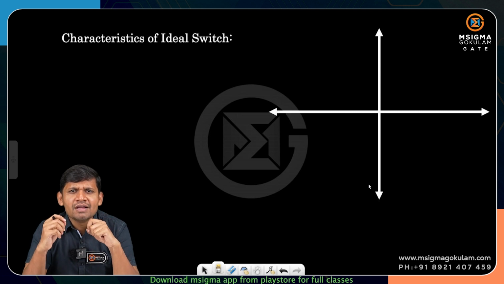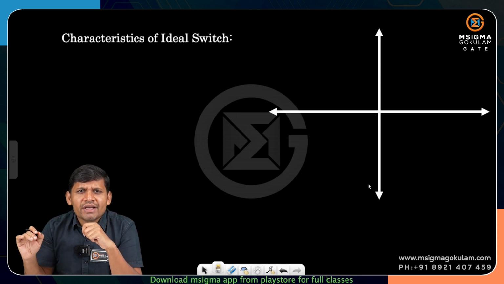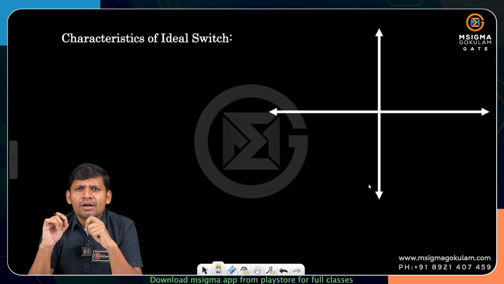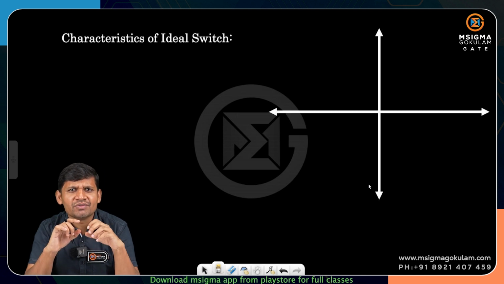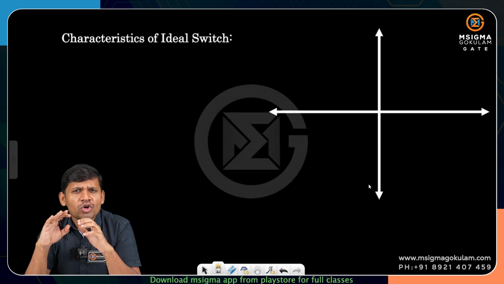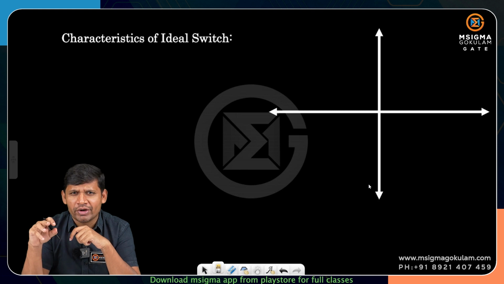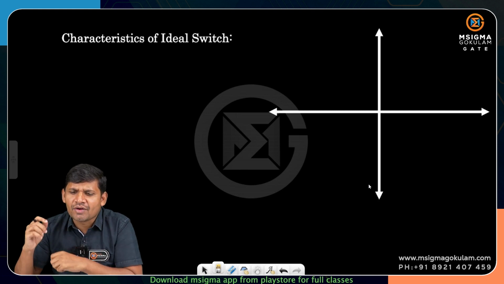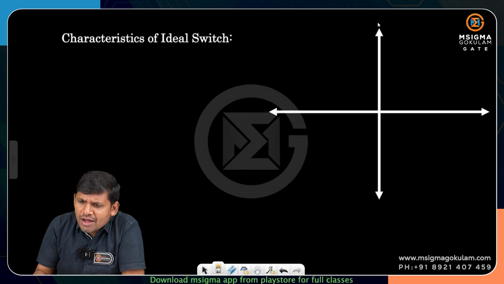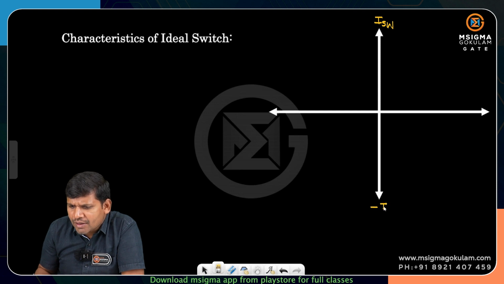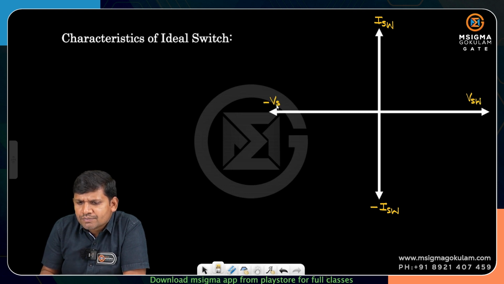I am not talking about quadrant operation of power electronic circuits; I am talking about VI characteristics of devices. Let this be ISW, this is minus ISW, and voltage is taken on the x-axis. This is VSW and this is minus VSW.